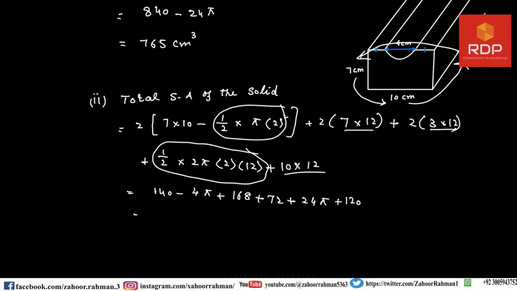You can confirm that. So 500 will be from the addition of constants, and the terms involving pi will yield 20 pi. So finally putting the value, 563 centimeter square will be the answer.